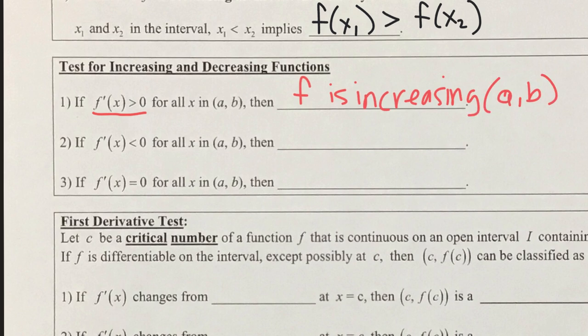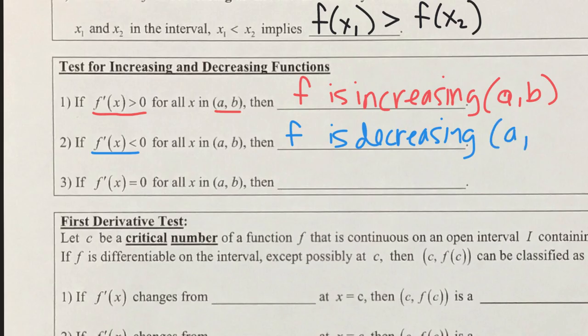It might be doing other things on different intervals, but on the set interval, it is increasing if your first derivative is positive. And if your derivative is negative, that means your function itself is decreasing. So we're looking at the derivative values to tell us something about our function. What is our function doing?